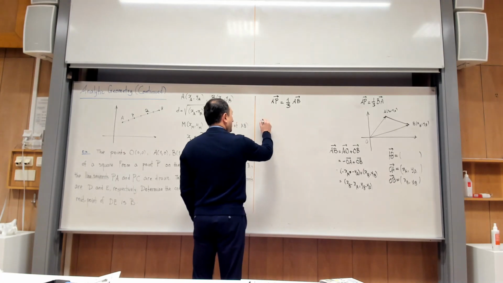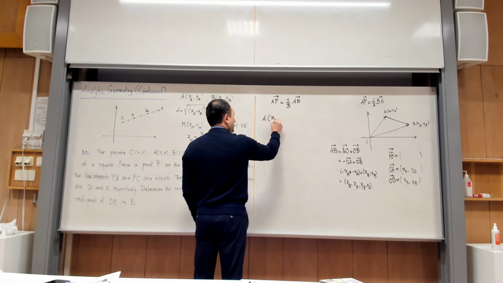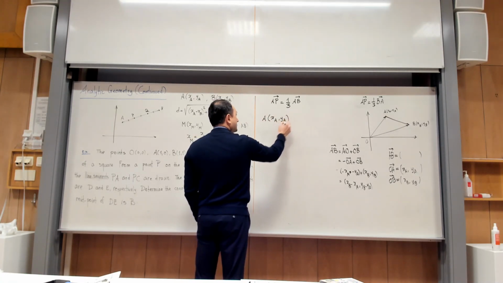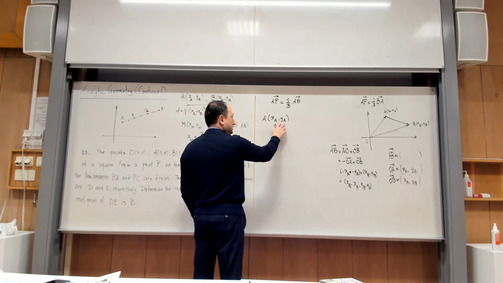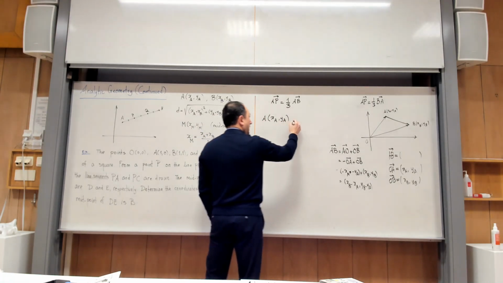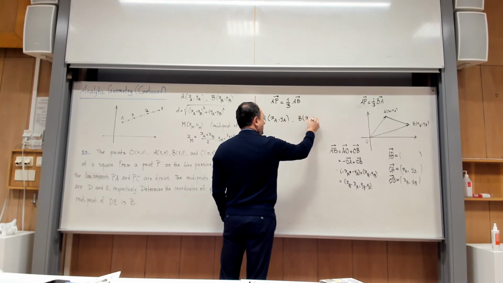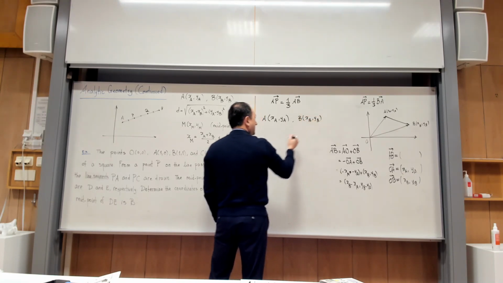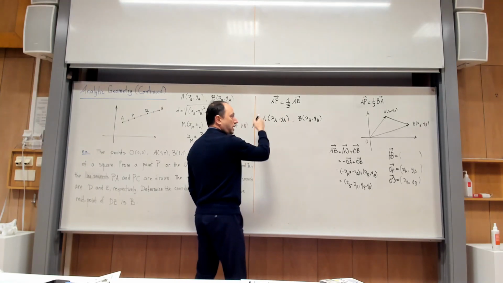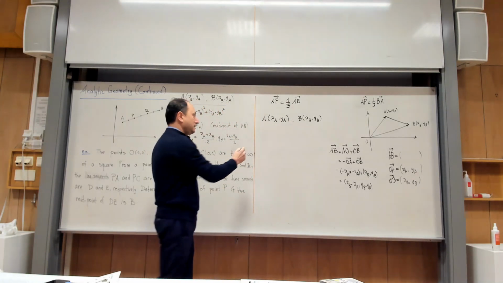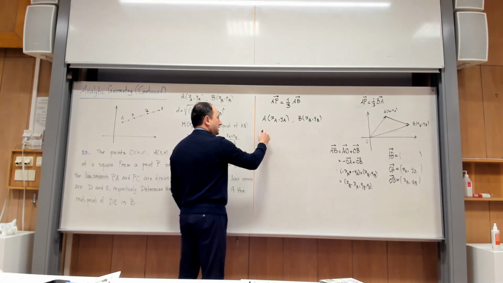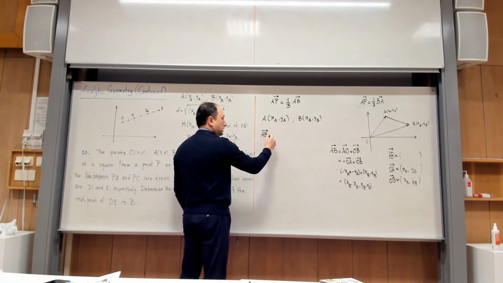So if A has XA and YA not as components, as coordinates, because that is one point. And then if B has the coordinates XB and YB, then from these 2 points I can construct a vector AB. But we learned that every vector has 2 components.